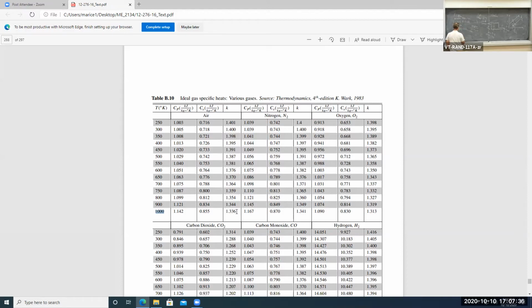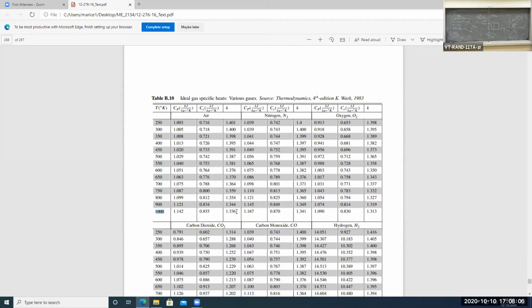So I'm going to write Cp and K evaluated at 1,000 degrees Kelvin. K evaluated at 1,000 degrees Kelvin. What was it, 1.337? 1.336.